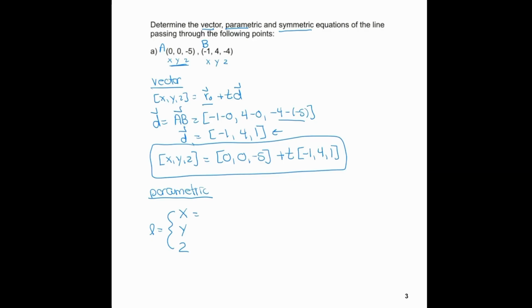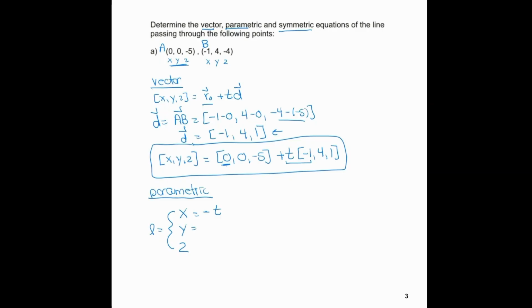So we have our x value is going to be our x naught value, which in this case is 0, so we don't need to include it, plus t times our x value from our direction vector. So we end up with negative t. So x is equal to negative t.